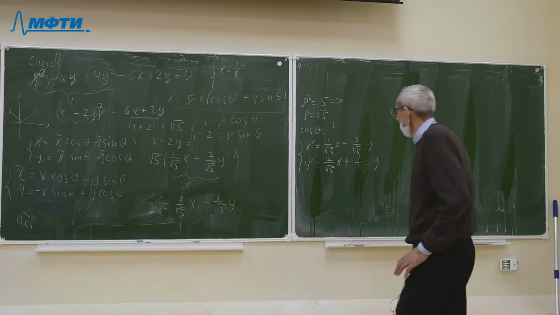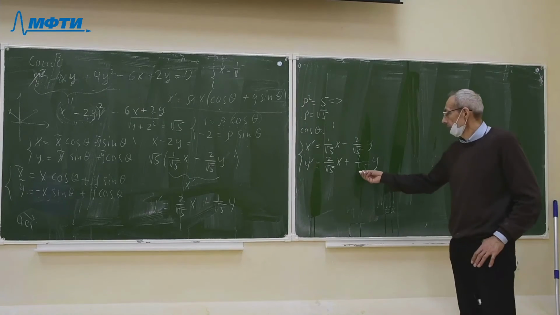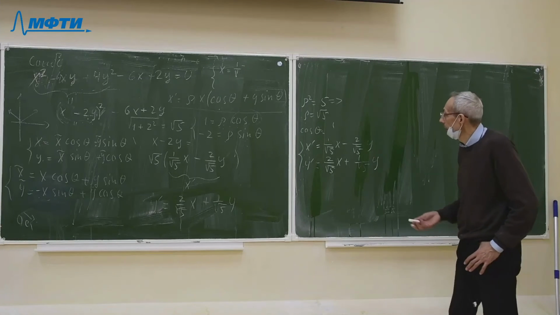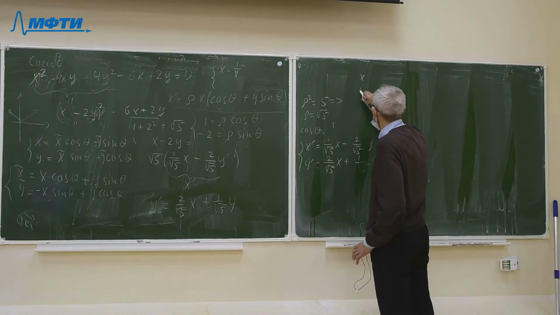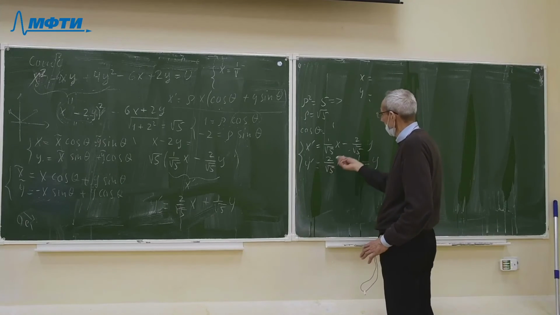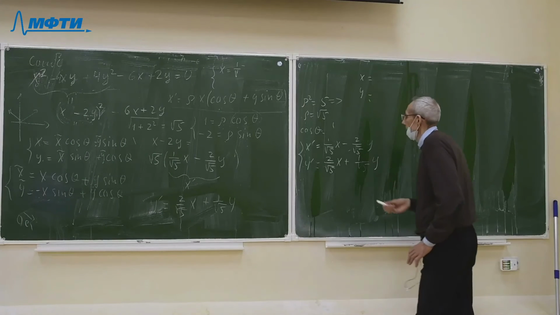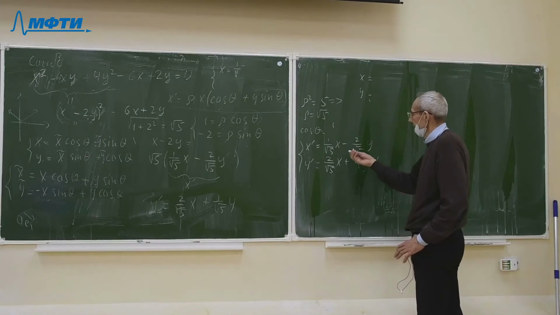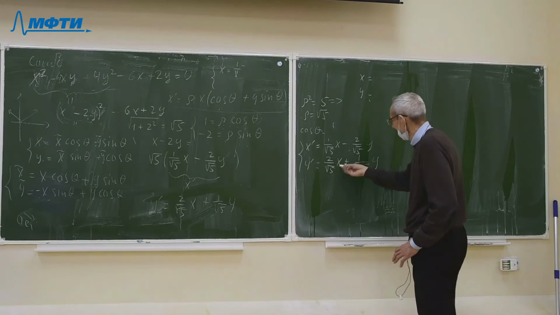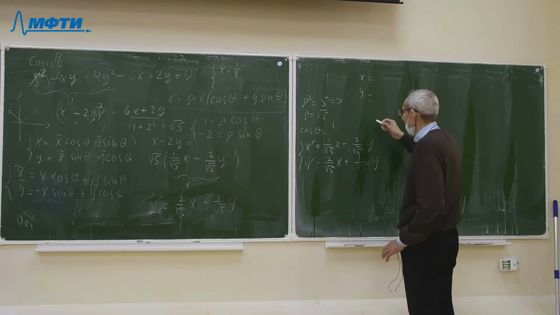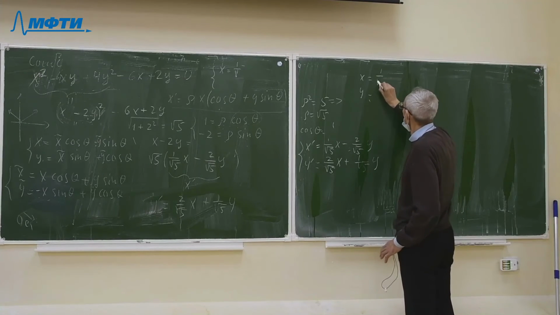We obtain the transition formula from the old coordinates to the new. And for the inverse formula for x, y, I must change the signs, this sign and this sign, and I obtain this formula.